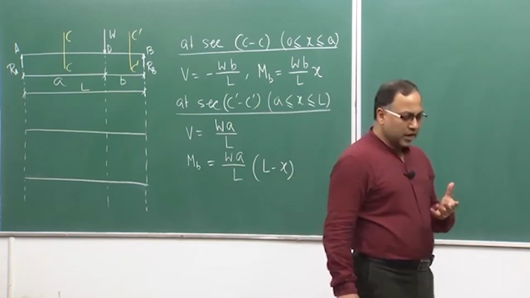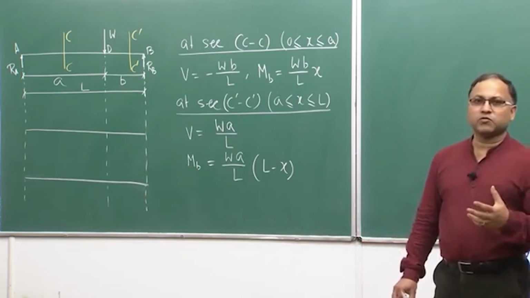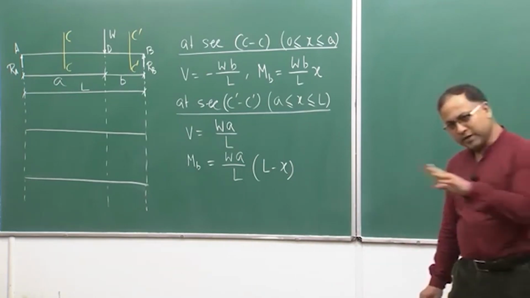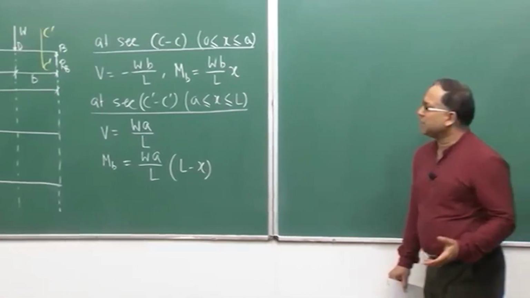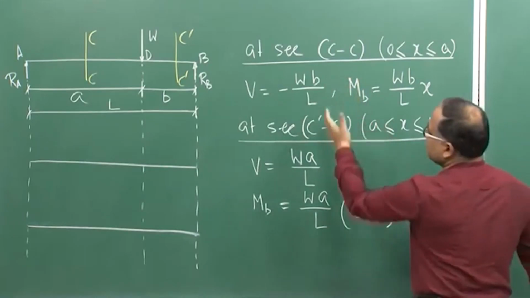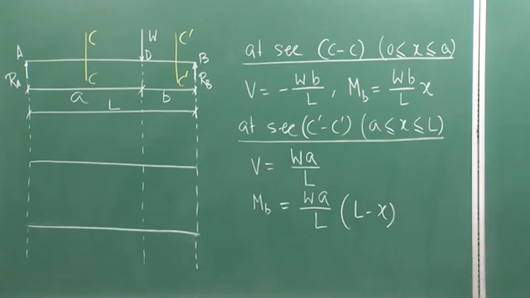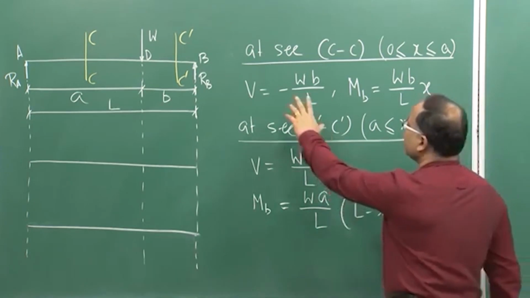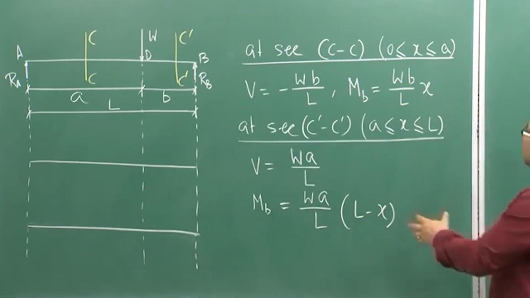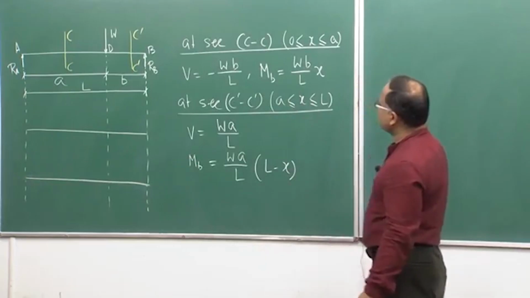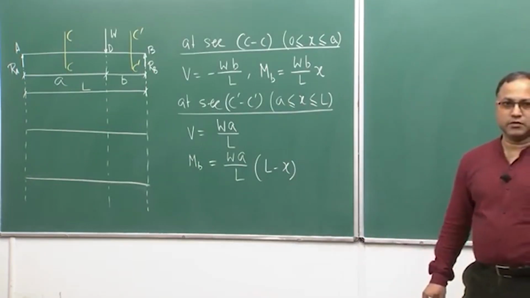So, what I mean to say is that if you try to get the variation of the shear force along the whole beam, then that variation will be very much linear, as you can see, because these two sections will define the state of shear force as well as the bending moment completely for the whole beam, right. So, the shear force expression will be also linear in x. Similarly, the bending moment expression is also linear in x, right.